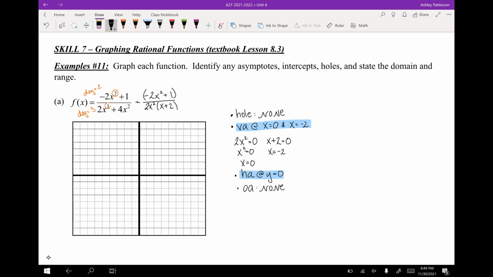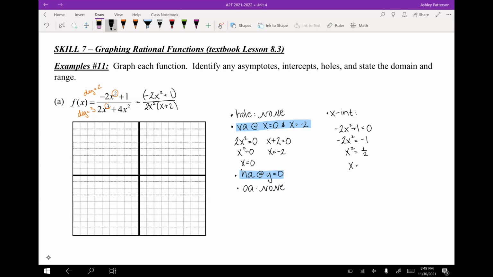Okay, next comes our x-intercepts coming from the numerator. So I'm going to take negative 2x squared plus 1 and set it equal to 0. And then I'm going to solve. So we get negative 2x squared is equal to negative 1. x squared is equal to 1/2.